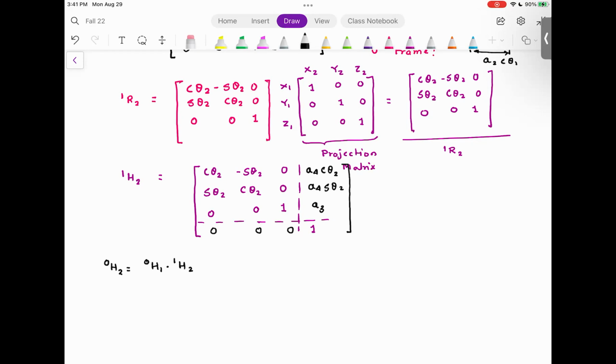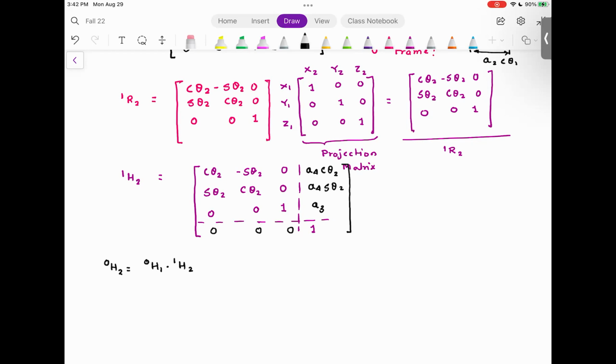Typically, once we derive the homogeneous transformations, we use Matlab to do these multiplications. And all the problems that I'm going to solve, I would use Matlab. But for this first problem, I'm going to perform this 4 by 4 matrix multiplication by hand, just so you know what that process is.